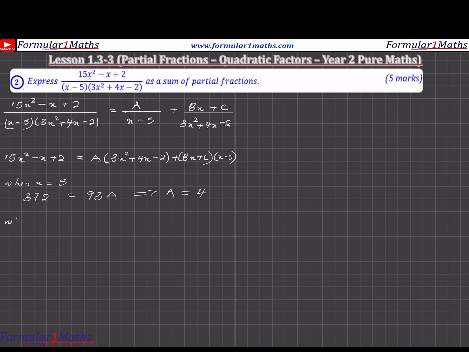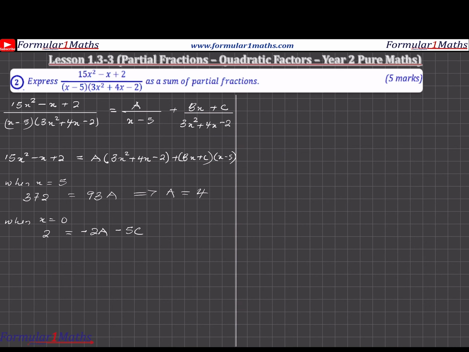So when x equals 0, on the left-hand side, I'll get 2 equals 2. This will be 0, that will be 0, so I'll be left with minus 2 in the bracket, so I'll have minus 2a. And this will be 0, and I have minus 5c, so minus 5c.